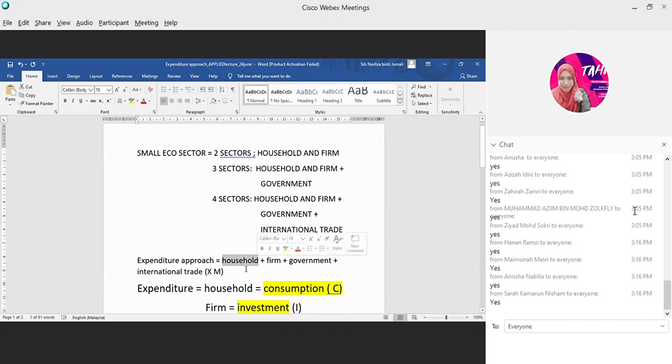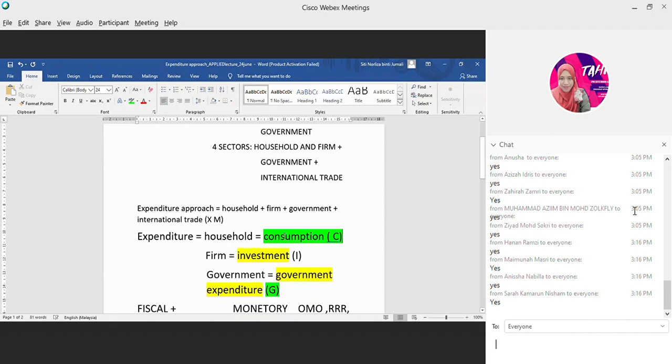All the expenditure done by household is known as consumption. The green one, this is consumption, the symbol is C, which represents expenditure by household.